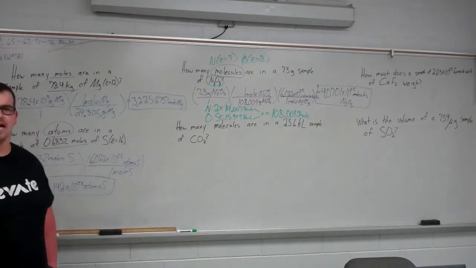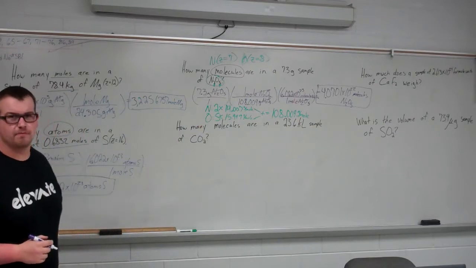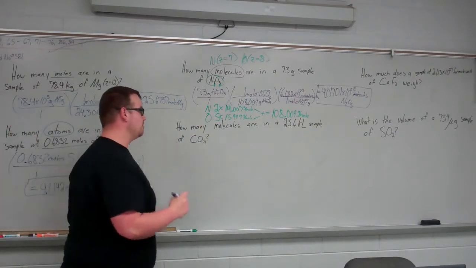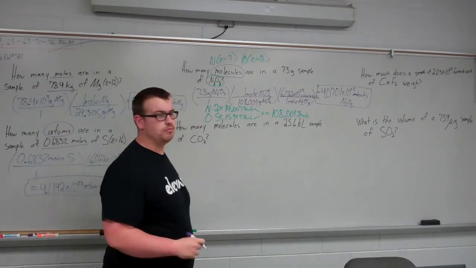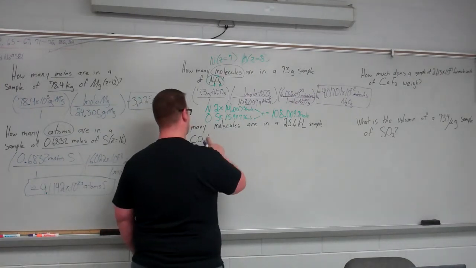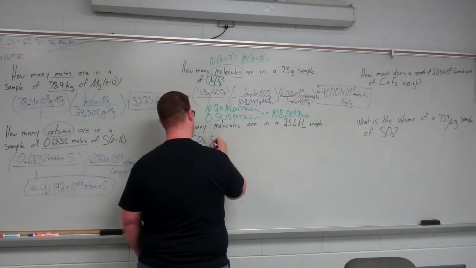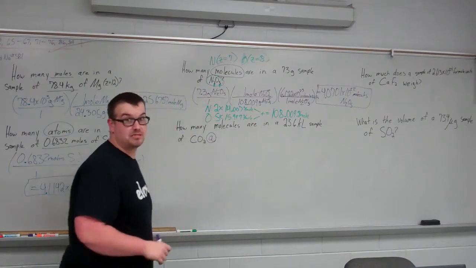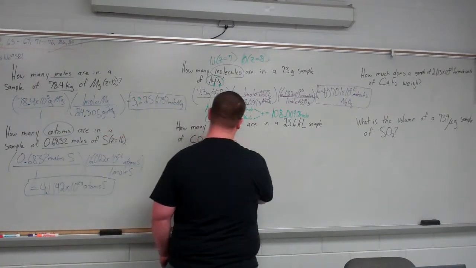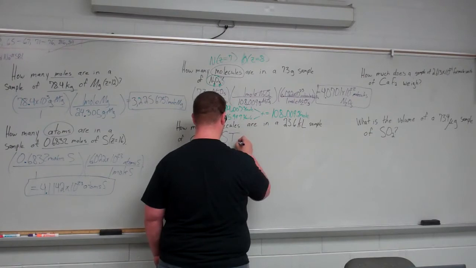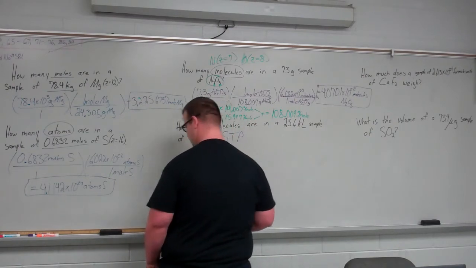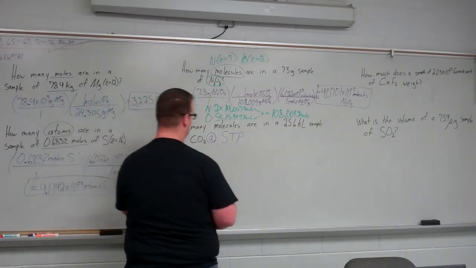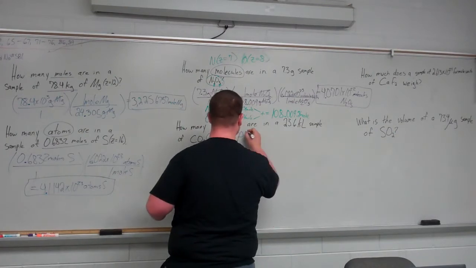This is an important time for me to inform you. I must tell you something, and I'm going to write this in purple so you will get it. I'm going to put the at symbol just because I like putting the at symbol. STP. And then we would put the question mark after this. This is the important thing.